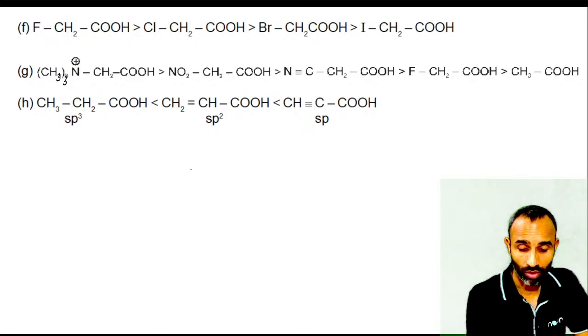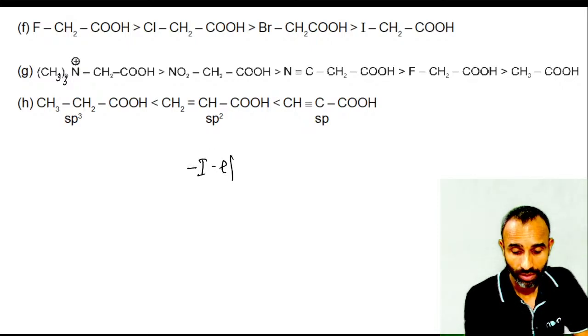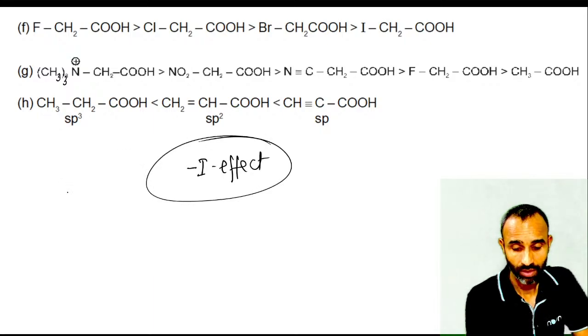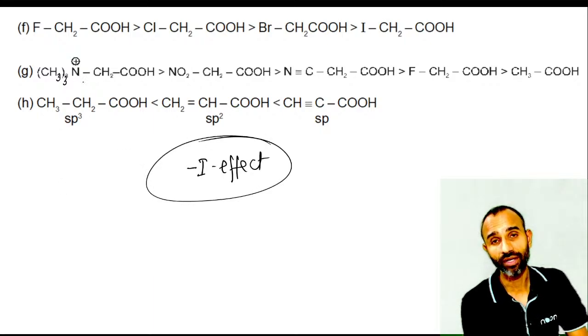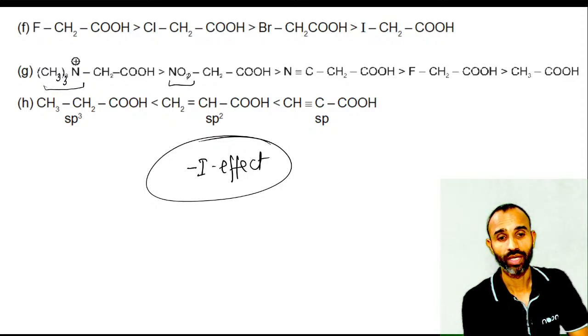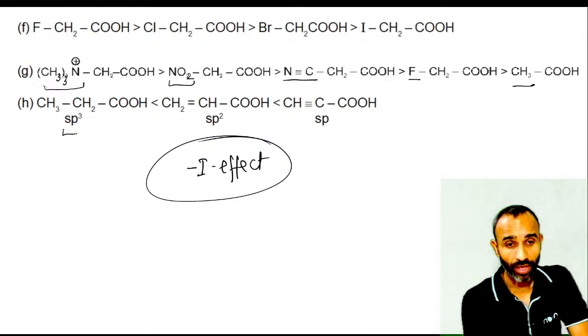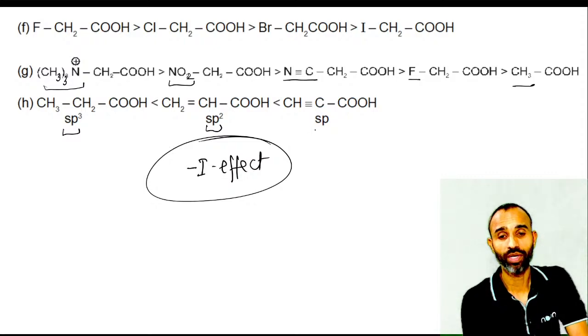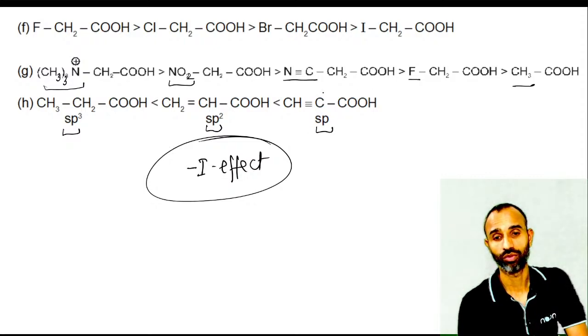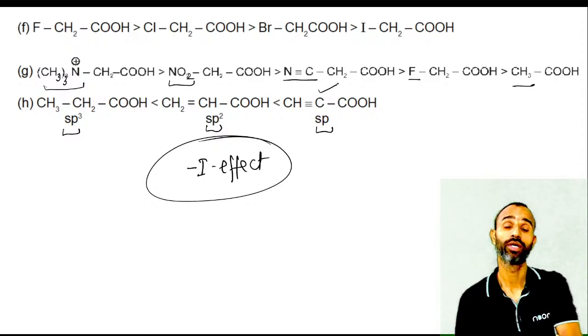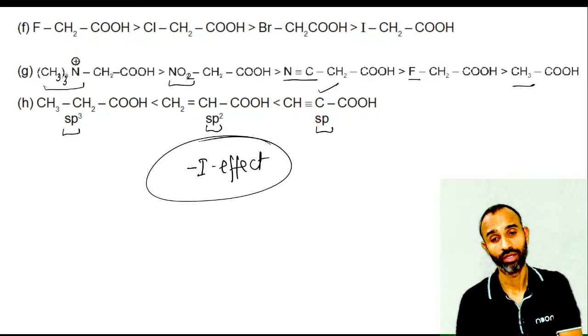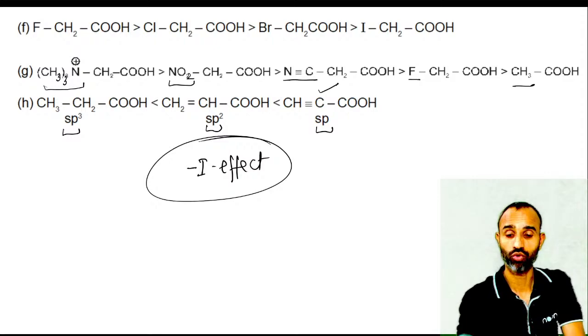Only minus I. So N(CH3)3+ has higher minus I effect, then NO2, then CN, then fluoro, and methyl is releasing only. Again sp3 hybridized carbon, sp2 hybridized carbon, sp hybridized carbon. So sp hybridized carbon is more electronegative, therefore it is more acidic than sp2 and then sp3.